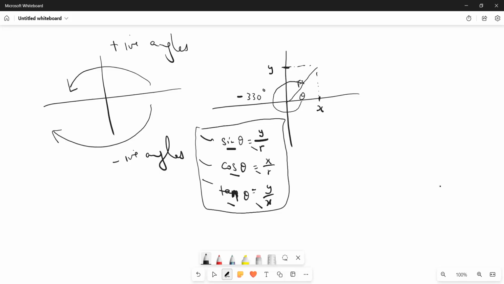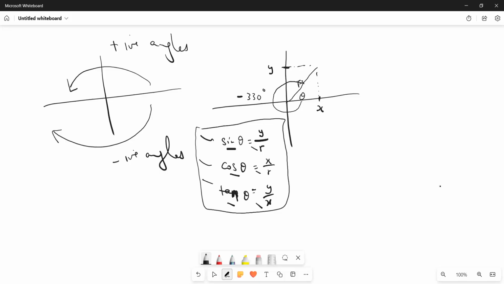So here we're not talking about just acute angles, or angles between 0 and 360. We're talking about angles that are possibly greater than 360, or negative angles, but once we measure the angle, it falls into the first quadrant.